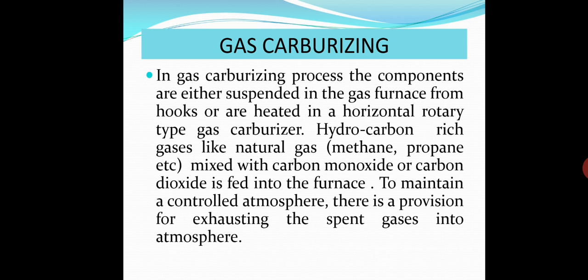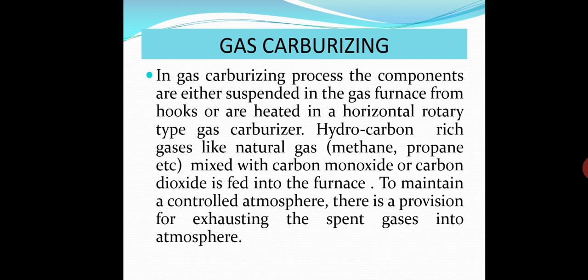In the gas carburizing process, the components are either suspended in the gas furnace from hooks or are heated in a horizontal rotary type gas carburizer. So the component is suspended in a gas medium.